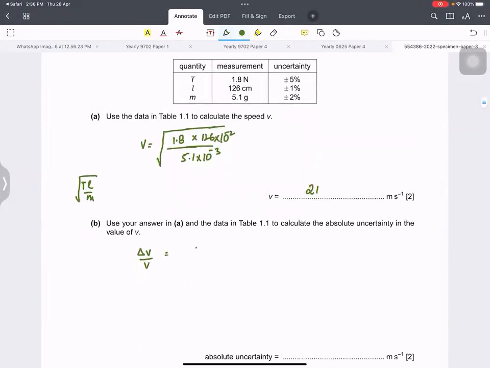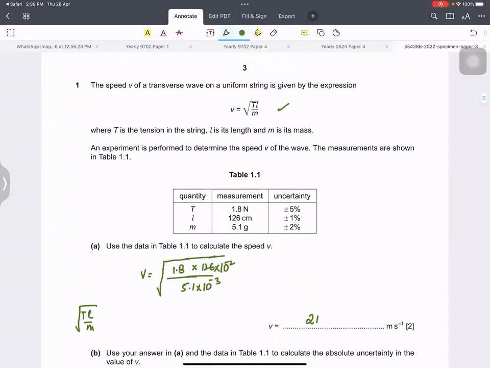Now we have delta T over T, then plus L upon L plus delta M upon M. And with every one there's an under root. Under root is basically half. So you're going to multiply half with everything because that's the only power there.